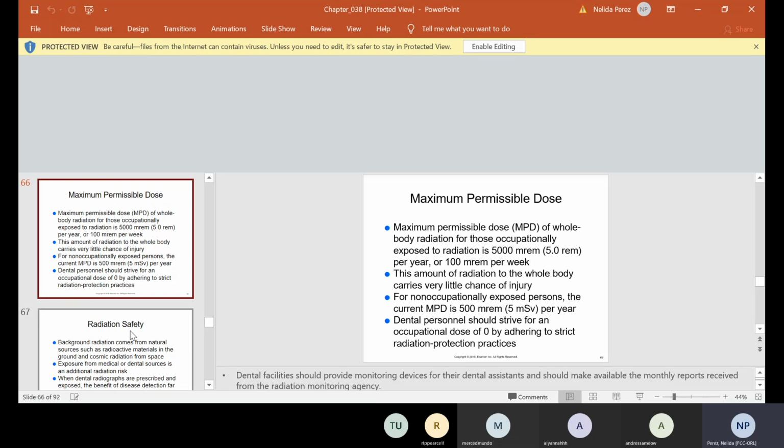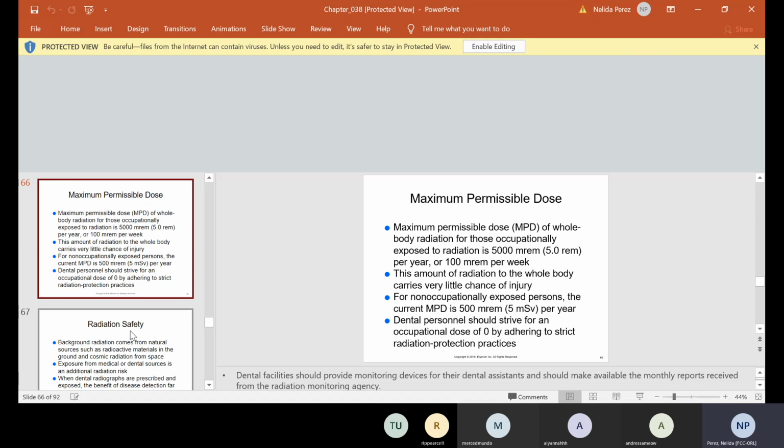The maximum permissible dose, the MPD, of whole body radiation for those occupationally exposed to radiation is 5,000 mrem. That's your 5.0 rem. I am going to tell you this right now: remember 5.0 rem for your exam. It is going to come up, what is the maximum permissible dose. This amount of radiation to the whole body carries very little chance of injury.